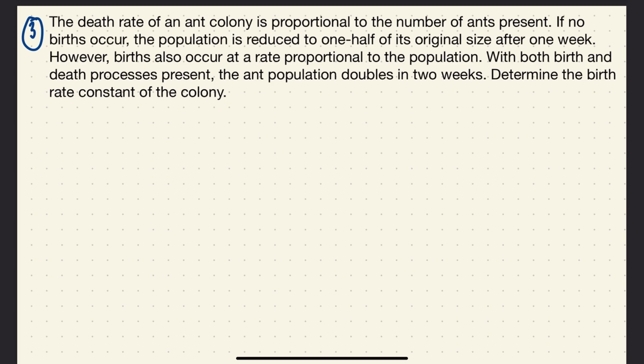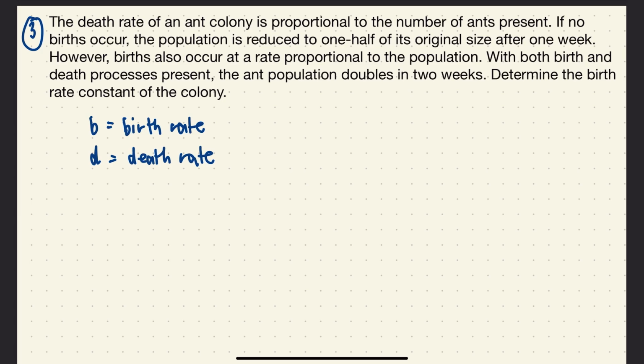Okay? So we need to define both the death rate and the birth rate. So let's use B for the birth rate, D for the death rate. Okay? So both are proportional.